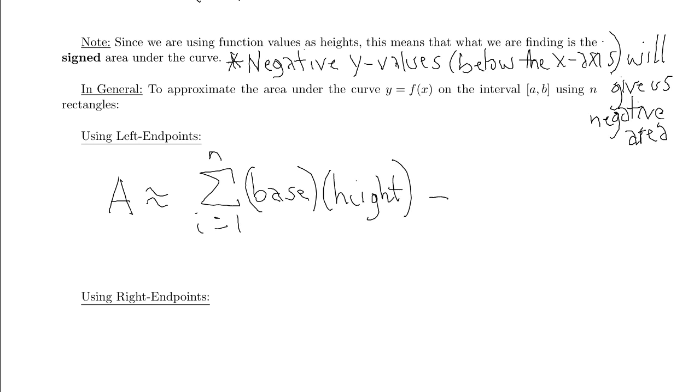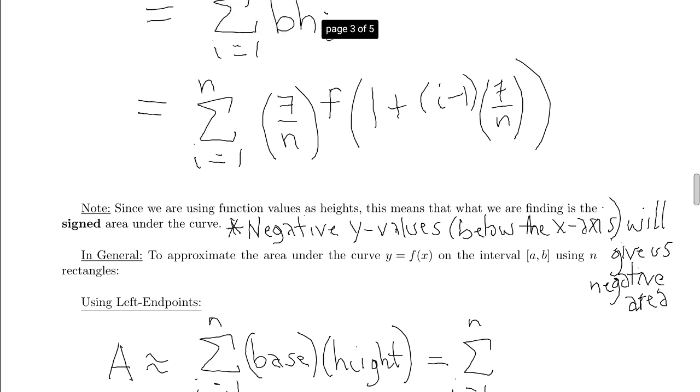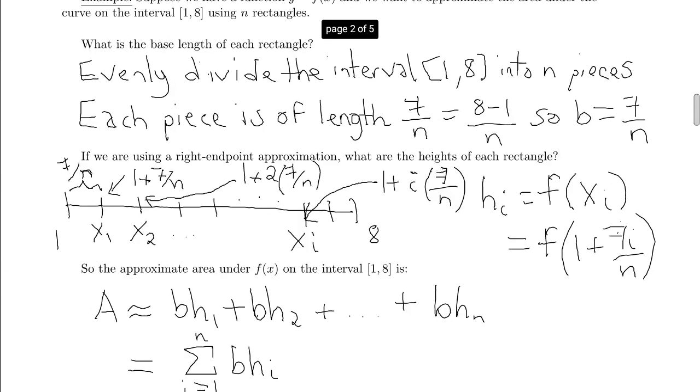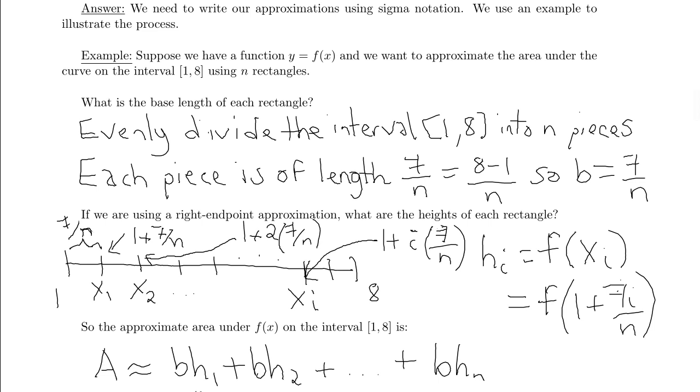So the question becomes, well, what's the base length and what's the height when we don't actually know what the function is and we don't actually know what the interval is? How do we find the base length of the interval? Well, I'm just going to scroll up so that we can go back to where we found the base length on the specific interval. When the interval was 1 to 8, we knew the base length was 7 over n.